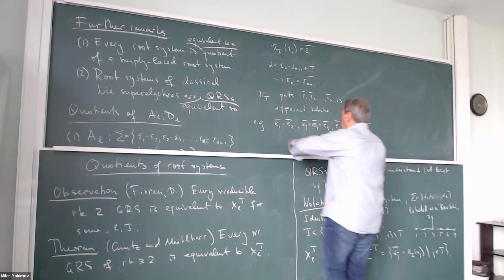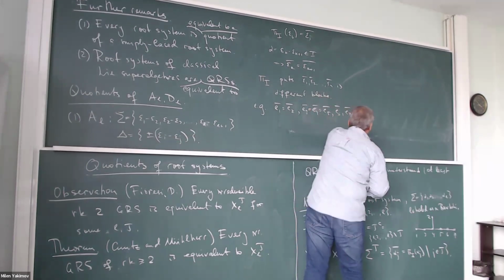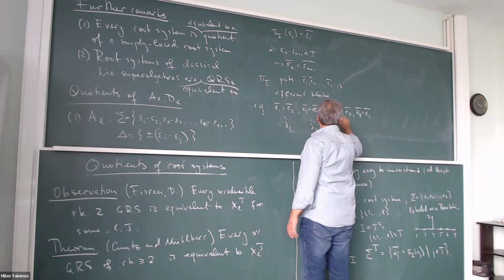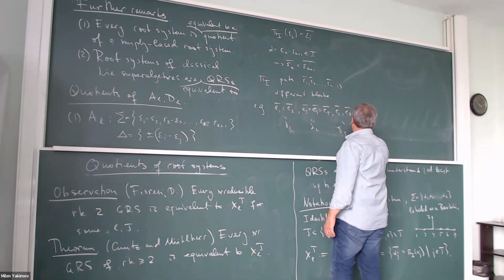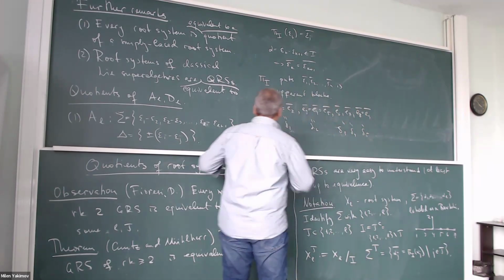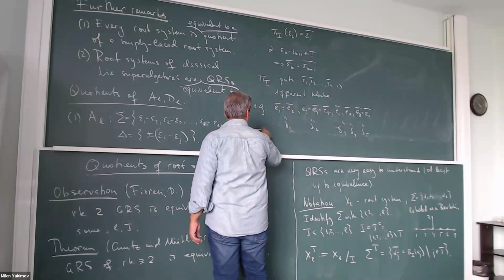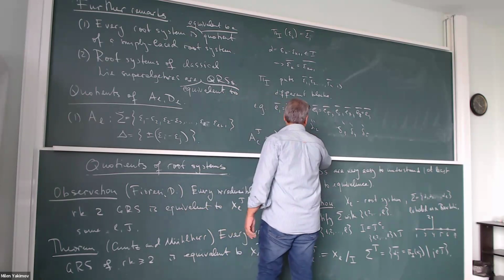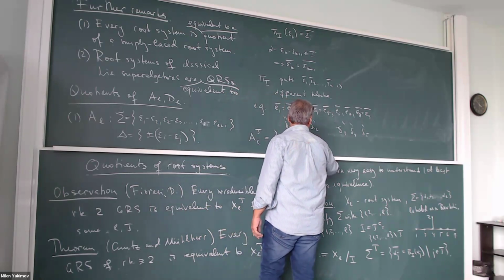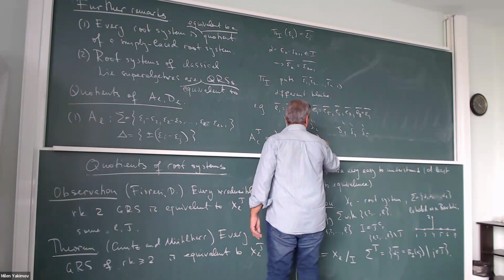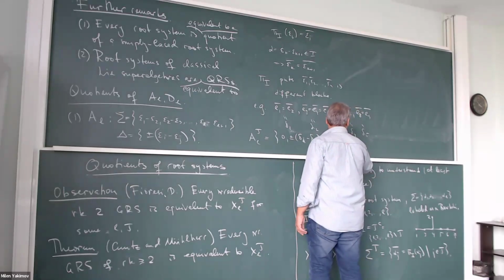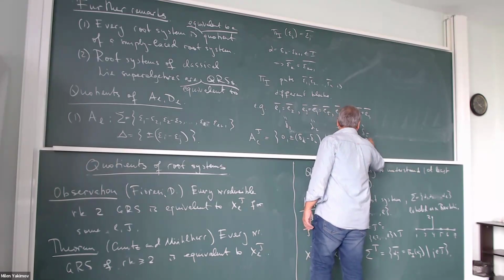So I can think of these as, say, the first block is delta 1, the second is delta 2, the third is delta 3, delta 4, delta 5. And then the root system will be 0 plus minus delta a minus delta b, for a not equal to b, between 1 and the number of blocks.